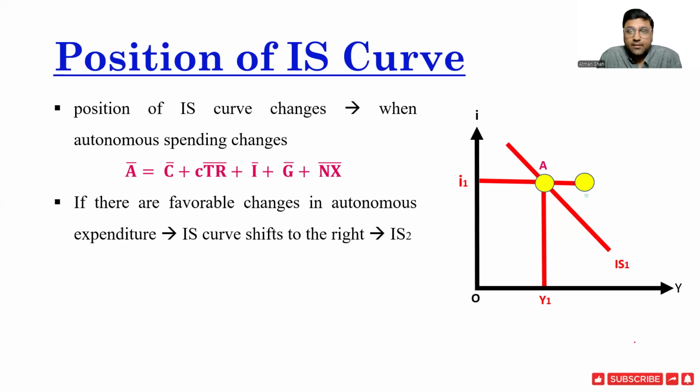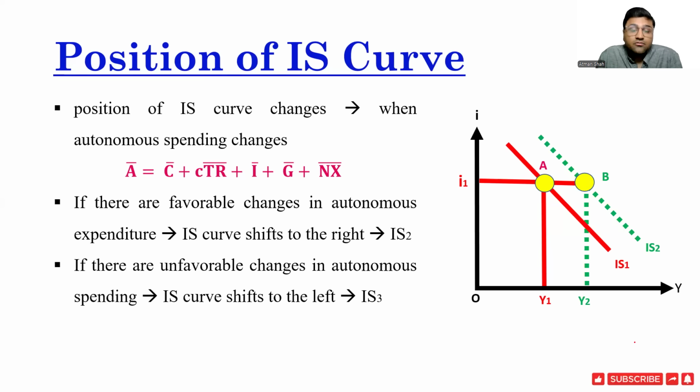You see the diagram. We have a new IS curve, that is IS2. So here the rate of interest remains the same, but due to autonomous spending, the entire IS curve shifts to the right.